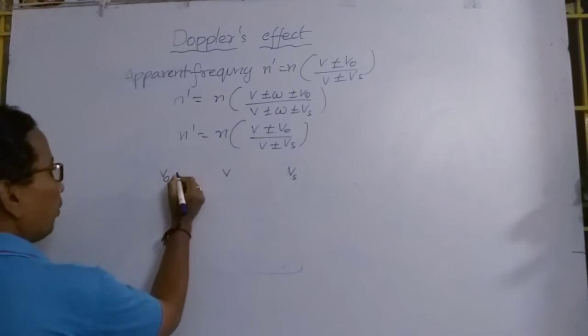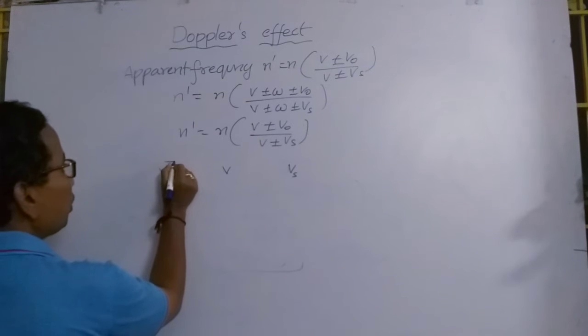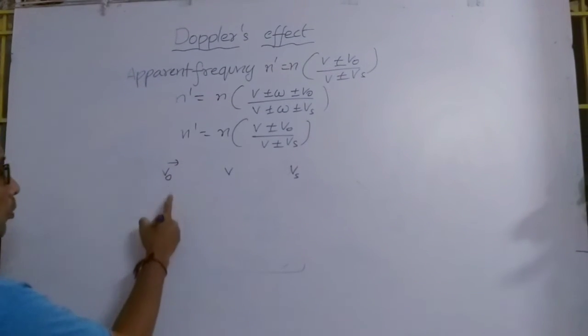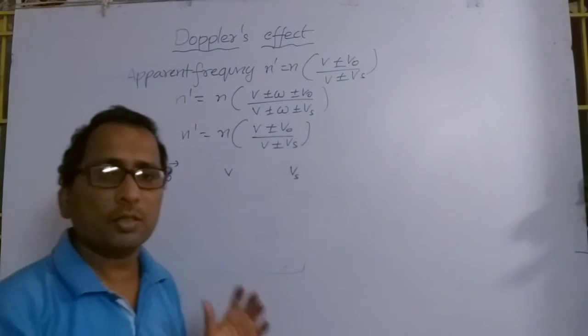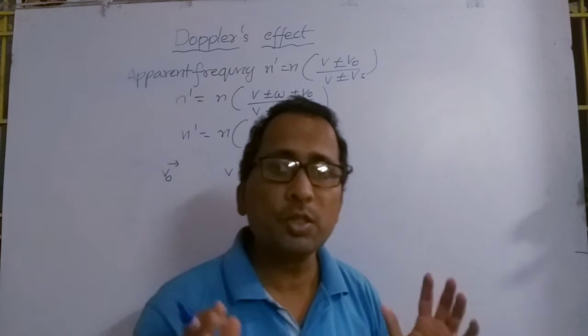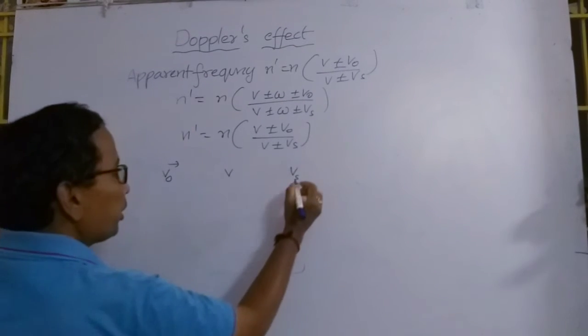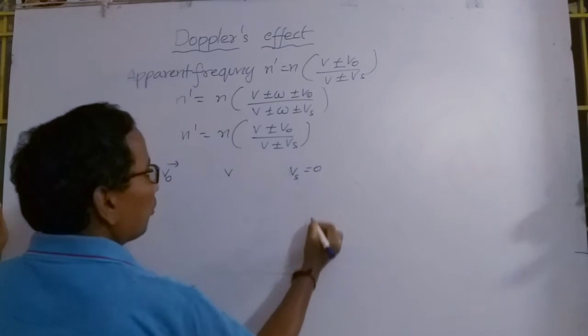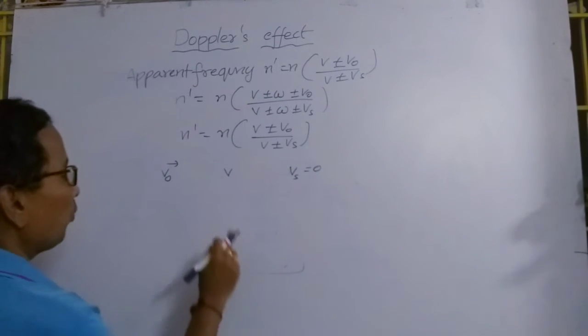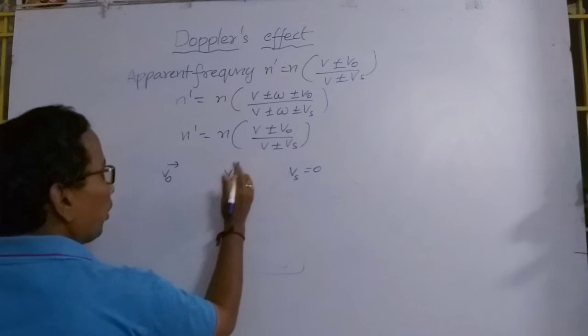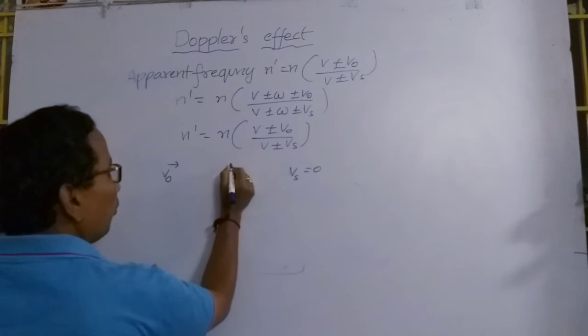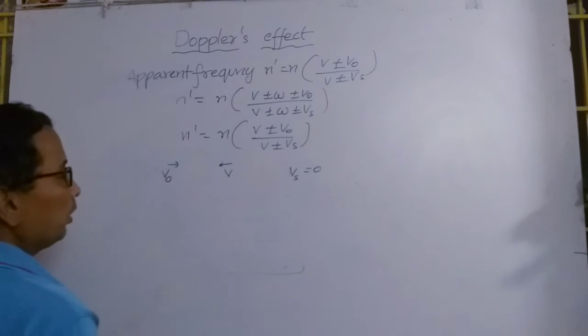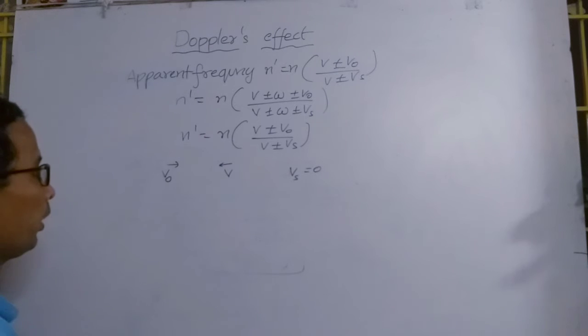Here the observer is moving with velocity V naught towards a stationary source. Stationary source means velocity of the source is 0. But what is the direction of velocity of sound? Always from source to the observer. That is a very important point.